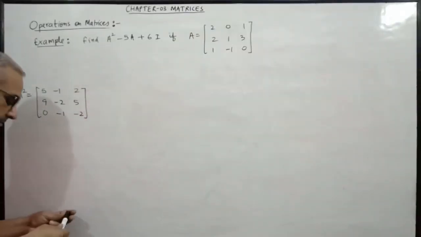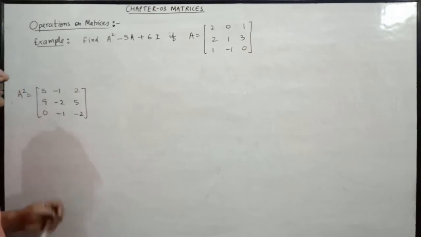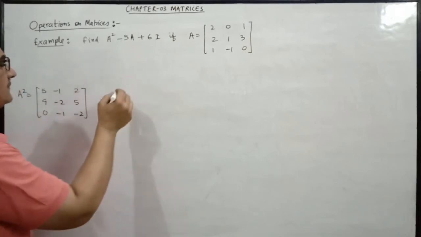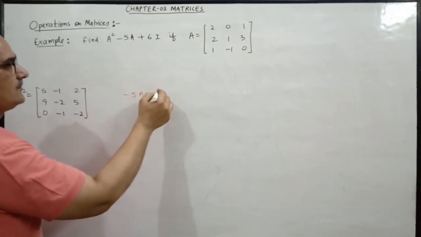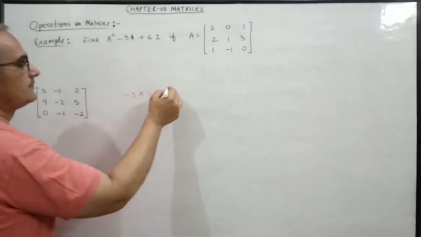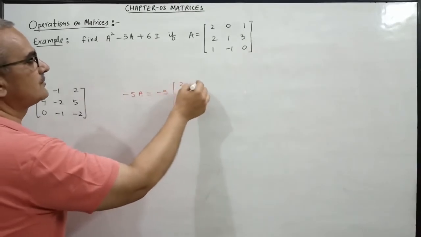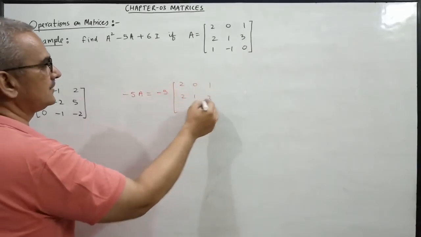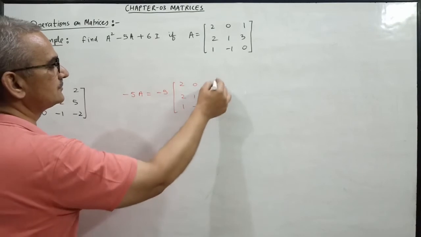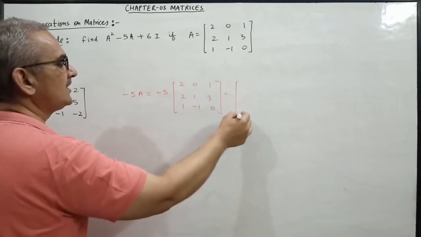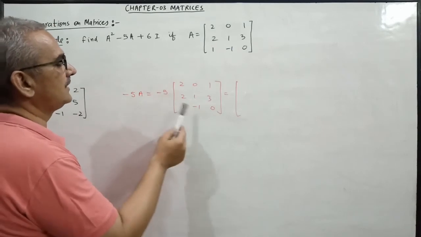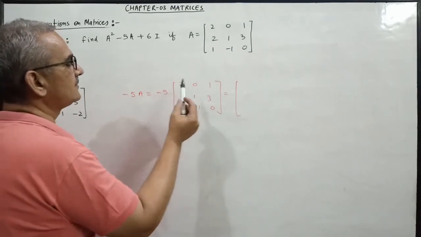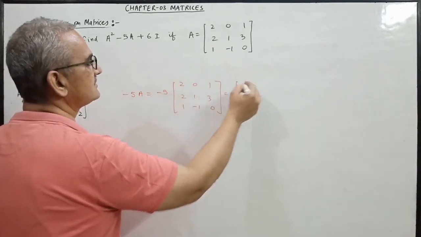So we have the value of A square here. Now we have to find the value of minus 5A. Minus 5A means that A is multiplied by minus 5. A is 2 0 1, 2 1 3, 1 minus 1 0. So each and every element of this matrix is multiplied by minus 5. Minus 5 into 2 is minus 10.